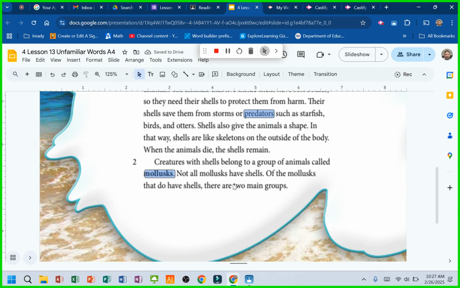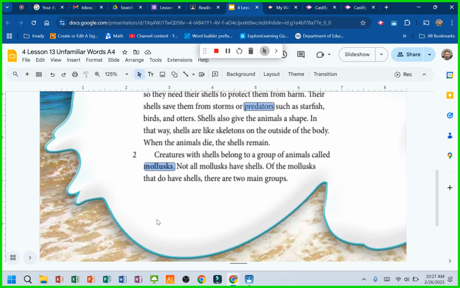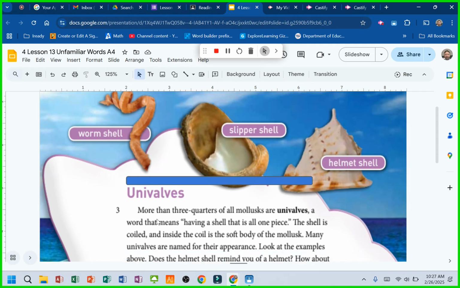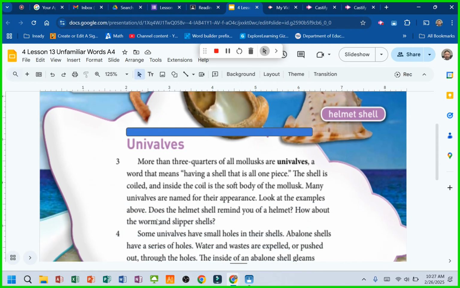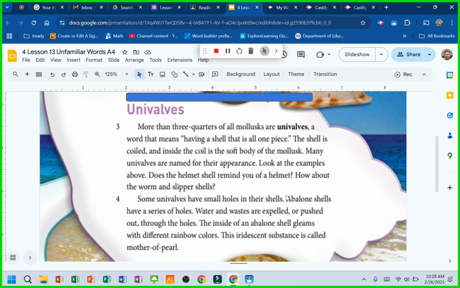And there's definitely some words around it, even up here, that might describe what a mollusk is, right? Univalves. More than 3/4 of all mollusks are univalves. A word that means having a shell that is all one piece, right?